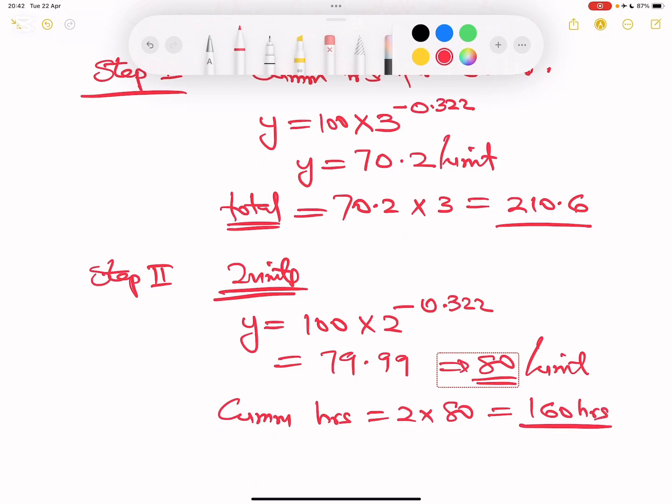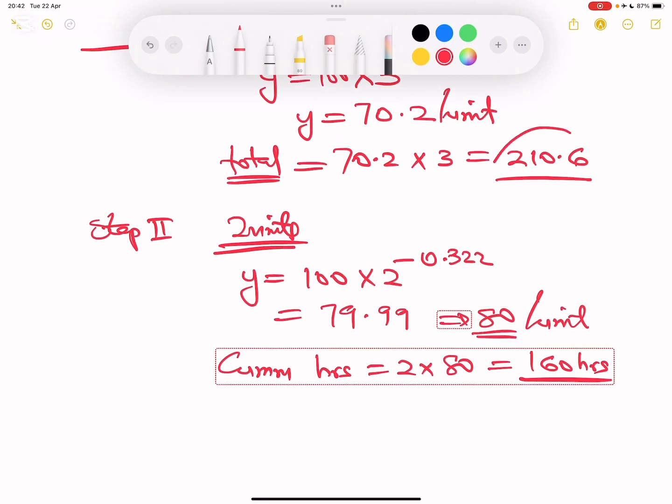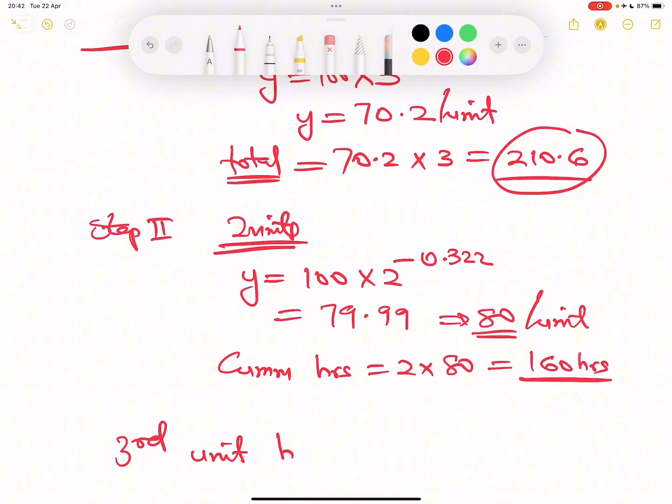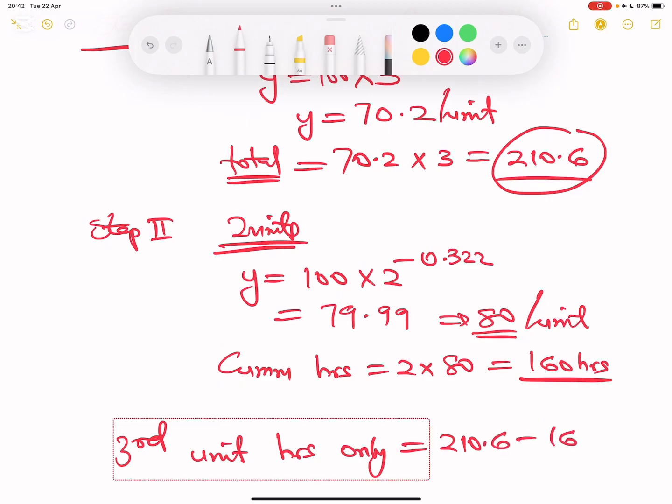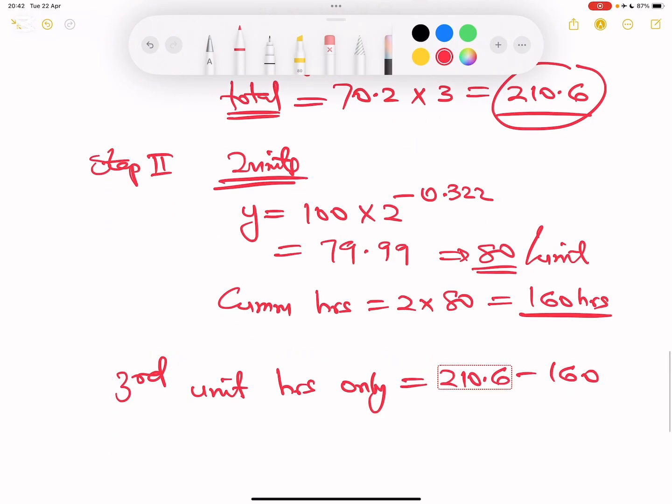So if it takes 160 hours to manufacture 2 and 210 hours to manufacture 3, then the third unit alone would have taken 210.6 minus 160, and that is giving us 50.6. So the third unit alone would have taken 50.6 hours.